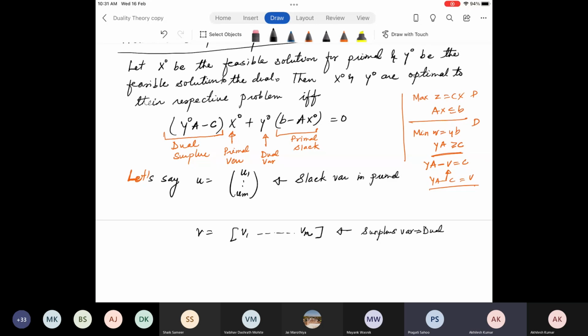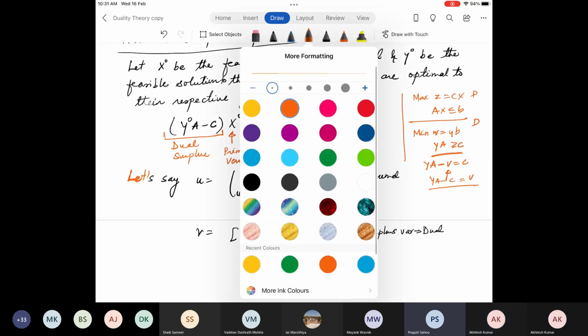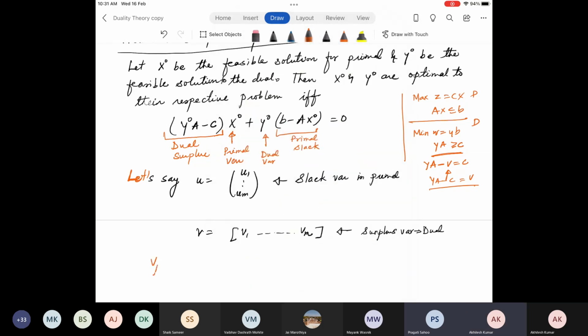Now using U and V, we can represent this. Let me use another color. Vj0 into xj0 equals to 0 for j equals to 1 to n.